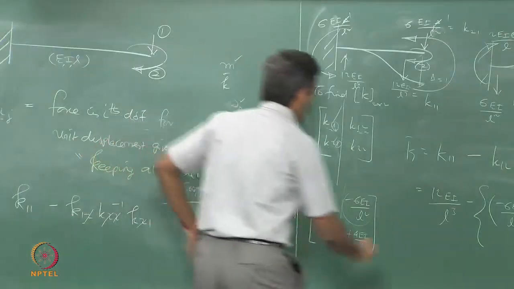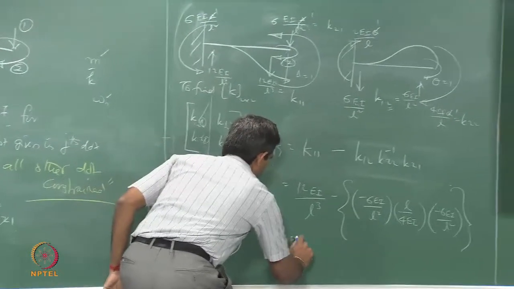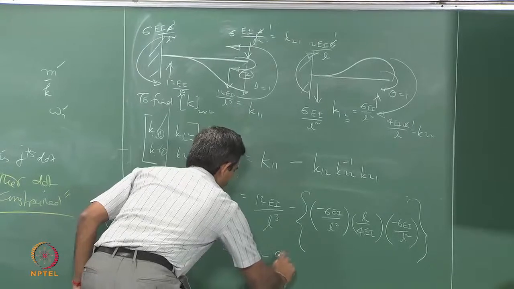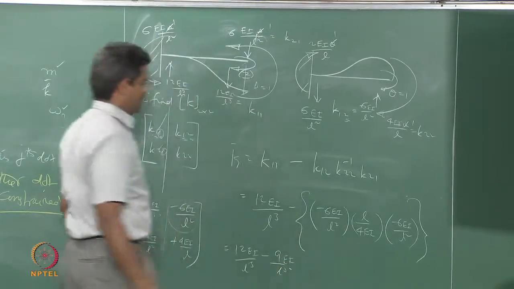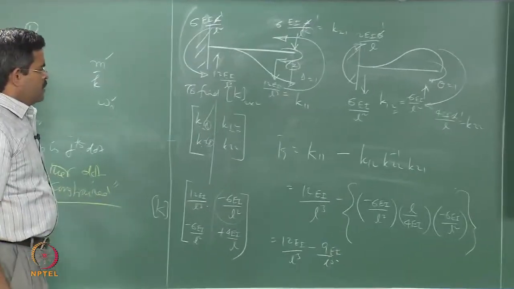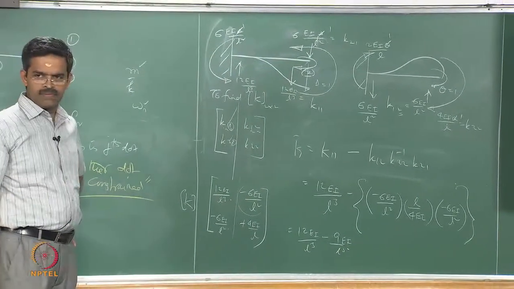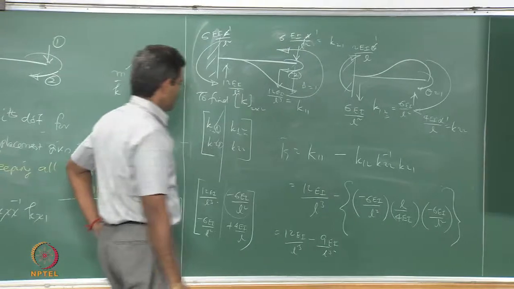So, 12 EI by L cube minus 9 EI by L cube, am I right? Right. So, 3 EI by L cube. This is K bar.